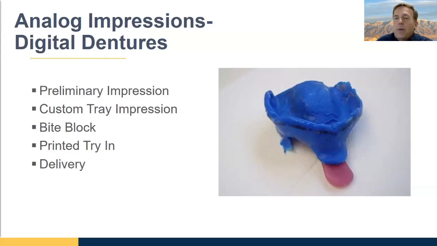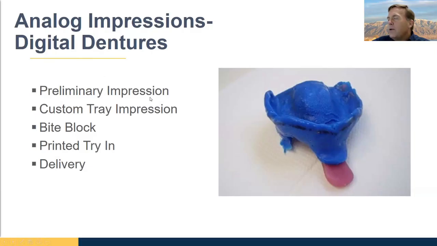If your laboratory is nearby, send it to your laboratory, have them pour up the model, duplicate, they just scan it, scan the denture and then return it, but your patient's going to be without a denture for a while. So that's not awesome. So most of the time with this, you're going to be doing our 5 appointments, but what'll be different is you'll transition into a printed try-in or a milled try-in, most everybody prints for this, and a digital denture at delivery.